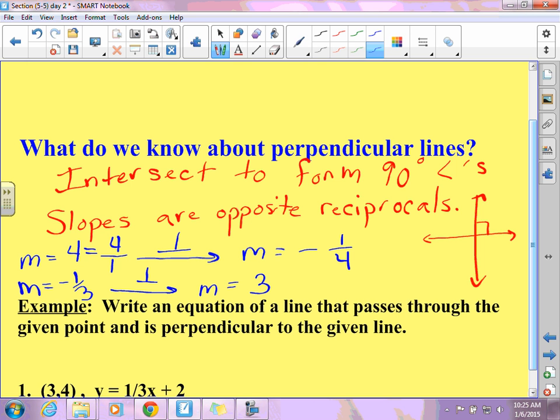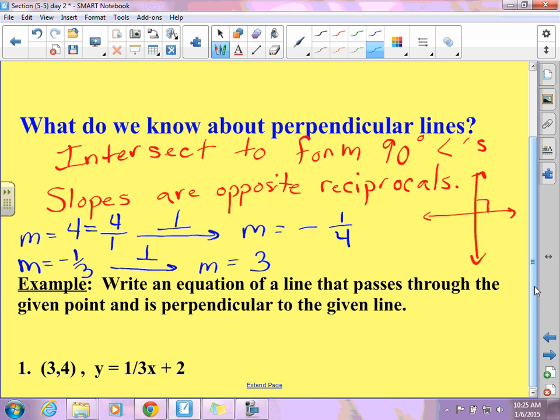If my slope is 0, and I want a perpendicular slope, if a line has 0 for slope, what type of line is it? You have 2 choices. Okay, it's going to be horizontal, remember?